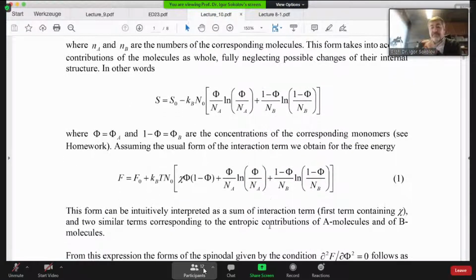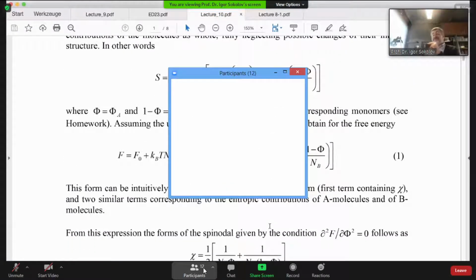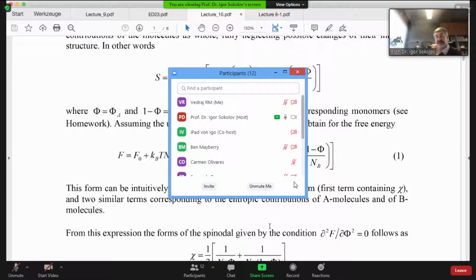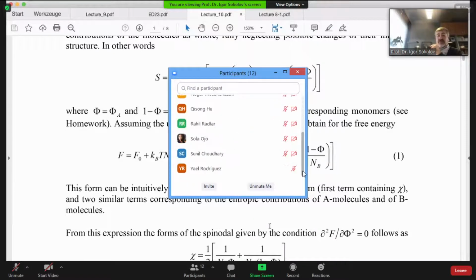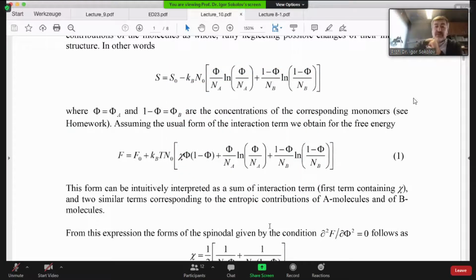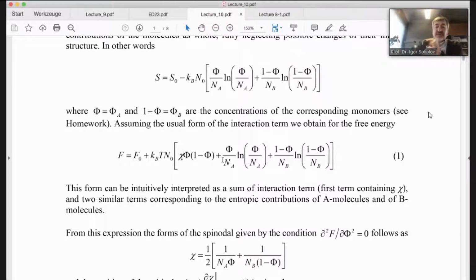So now I build the free energy according to our usual approximation. I assume here in the term with internal energy this quadratic, or bilinear, kind of interaction, which means that I assume that the monomers in the polymers are arranged at random and somehow well mixed.